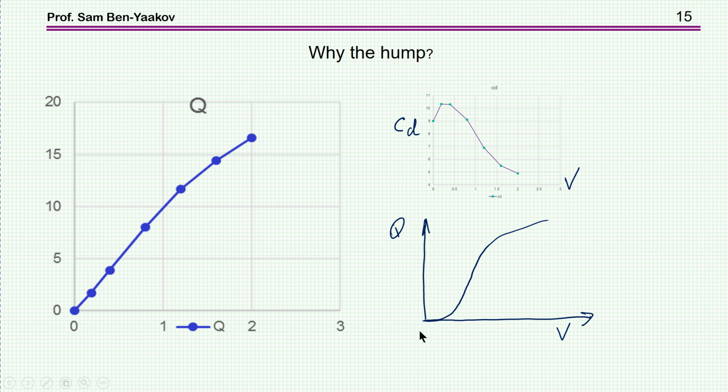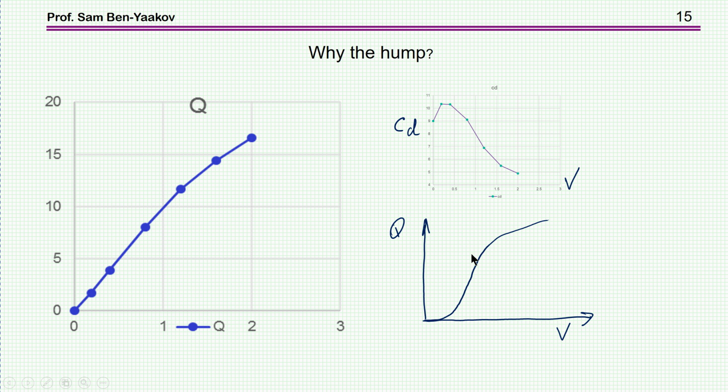Let me explain it in sort of a blown up circuit, which is sort of emphasizing the effect that I'm talking about. It turns out the Q as a function of V curve looks something like this. This is exaggerated just to make the point. It starts off slowly, and then it goes up, and then it sort of saturates. So the slope here is low. This is a small capacitance.